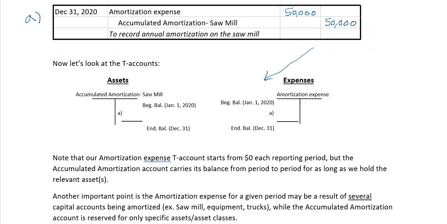So beginning balance for accumulated amortization sawmill, we're going to have 3 years of it, and that's going to be $150,000 that we calculated earlier.